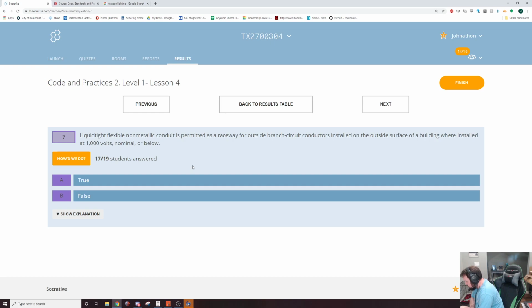Calculation of loads. This might actually be under the liquid tight flexible metal conduit raceways on exterior surfaces.